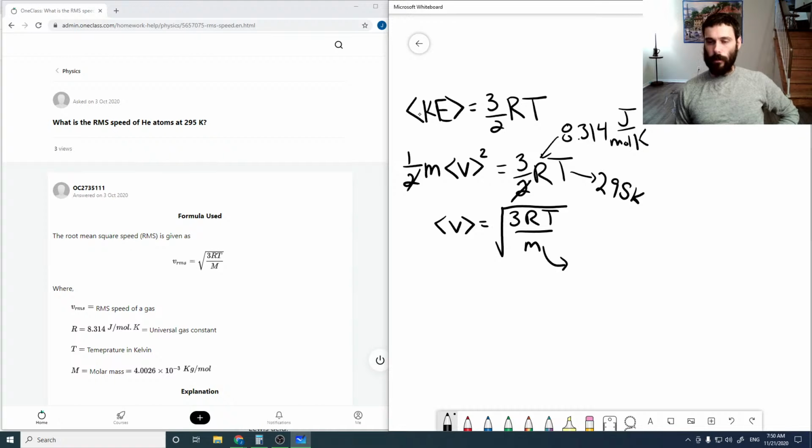So our mass for a helium atom is our molar mass, which is 4.002902 grams per mole. But we need the mass of an atom, so that means that mass is our molar mass divided by our Avogadro's number, which is 1 over 6.022 times 10 to the 23.